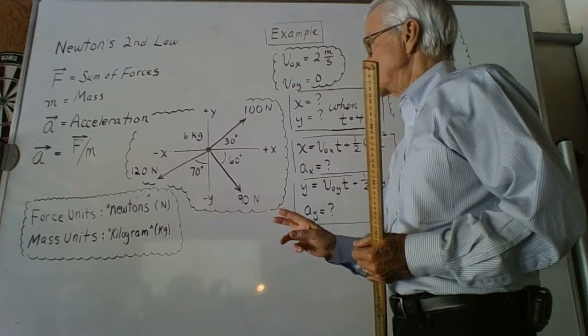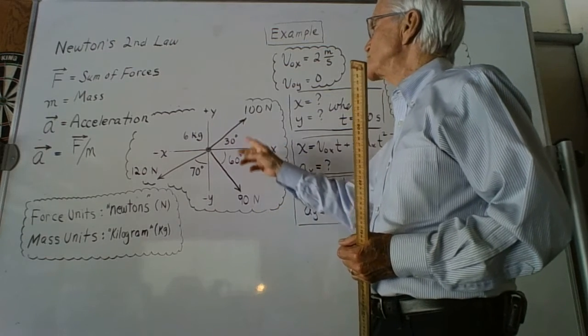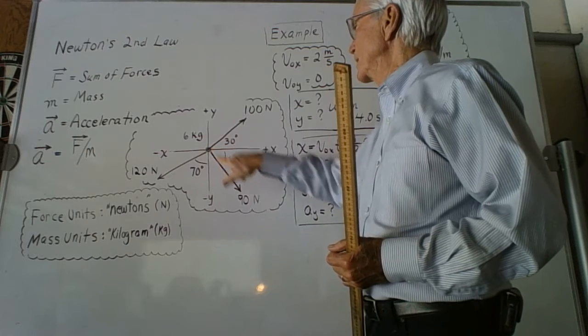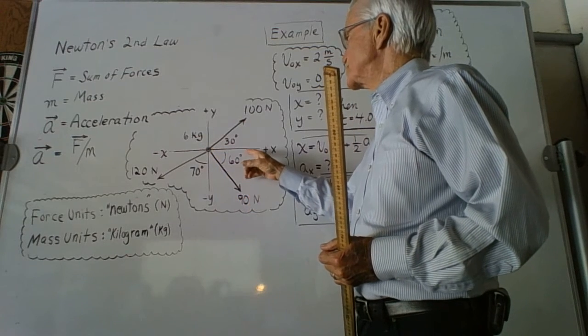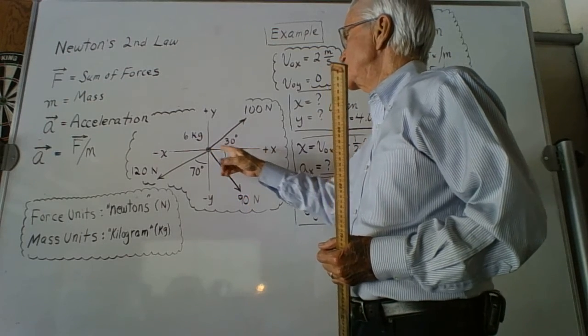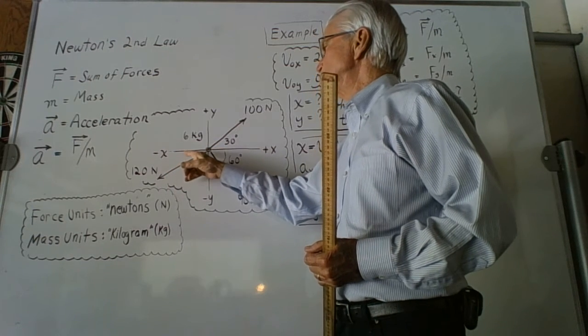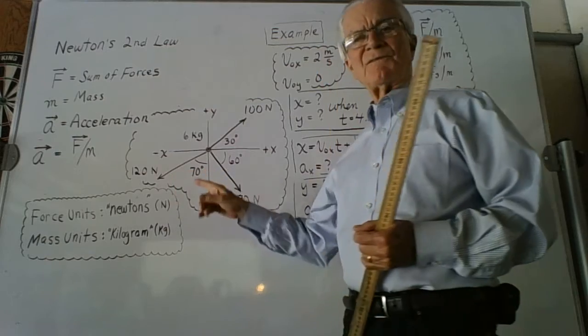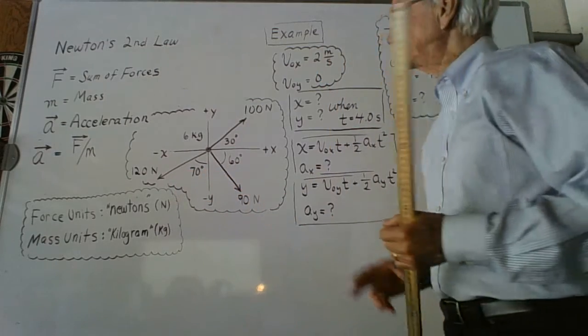So to repeat, for the three x components: 100 cos 30, 90 cos 60, negative 120 cos 20, or negative 120 sine 70, however you want to write it.